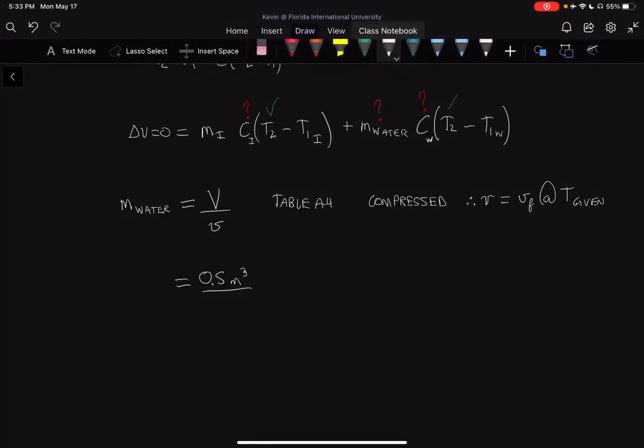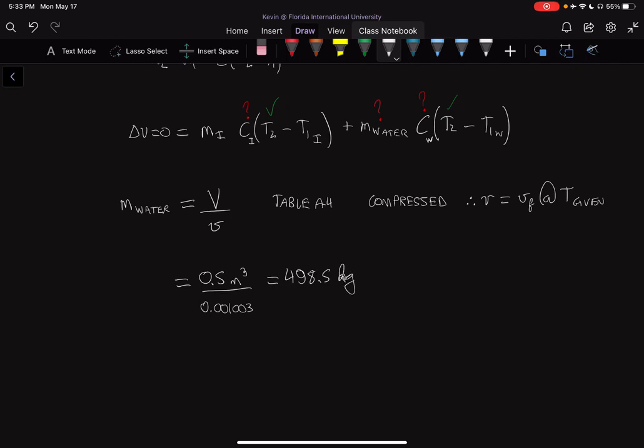From tables, 0.001003, and that's equal to 498.5 kilograms. Okay, that's the preferred technique for the problem.